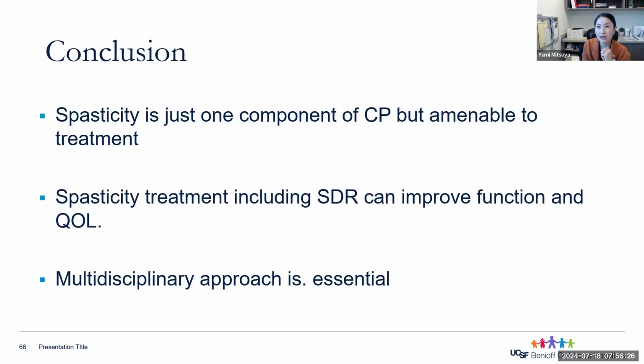But we have had patients who have some degree of mild dystonia, maybe in their upper extremity, who have undergone SDR and still have benefited functionally from it. And so that's another question that we're trying to answer.